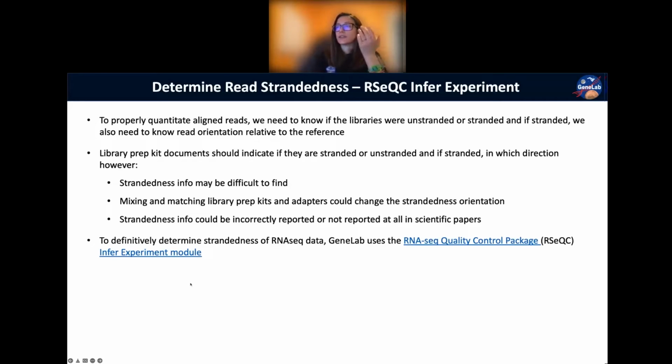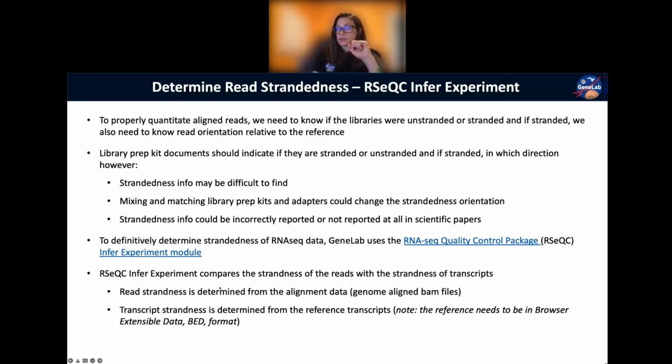And so thankfully, there's this tool suite called RSeQC, which stands for RNA-seq Quality Control Package. And there's this module in that tool suite called infer_experiment that will look at the orientation of your reads relative to the orientation of the reference. And it'll tell you which direction your stranded reads are, if they're in the same direction or if they're in the reverse direction relative to the reference.